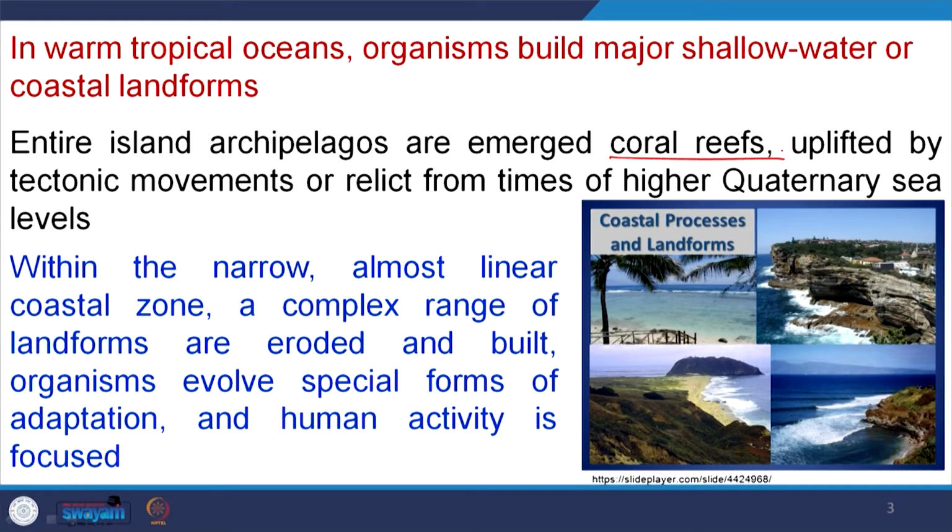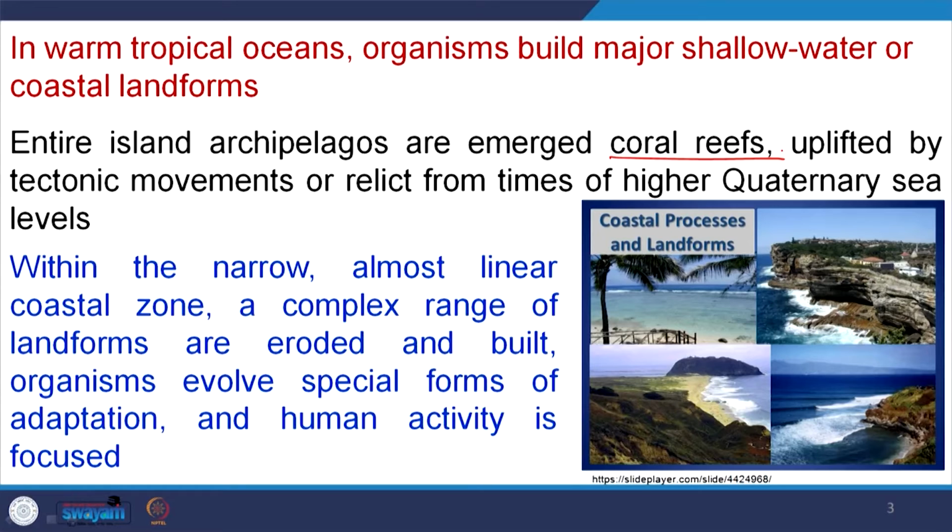They create particular types of structures like fringing reefs, barrier reefs, and atolls, which are partly contributed to by tectonics. Within this narrow, almost linear coastal zone, a complex range of landforms are eroded and built continuously. Organisms evolve special forms of landforms, and human activities are also focused here.